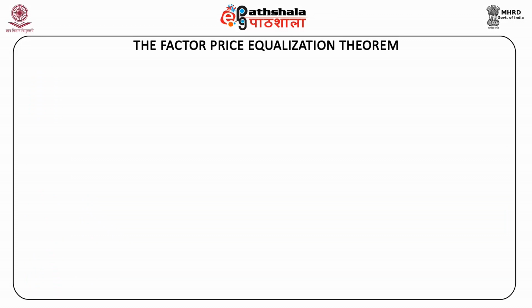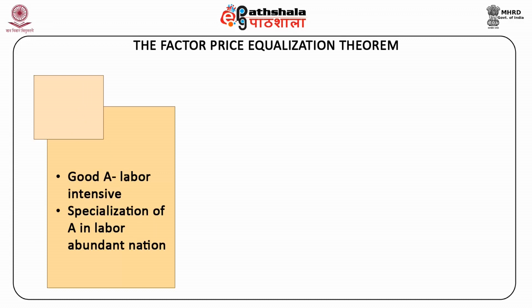As Nation 1 specializes in production of good A, the labor-intensive commodity, it will require more resources, that is, labor and capital. The resources will come from the capital-intensive product, whose production will decrease with specialization in good A. The capital-intensive product will release relatively more capital and less labor than is being demanded by the expanding production of the labor-intensive product.